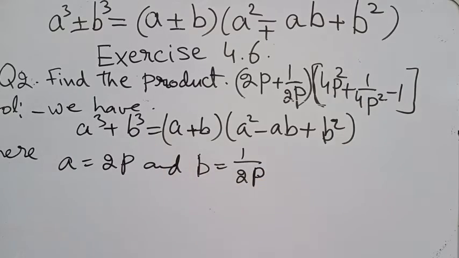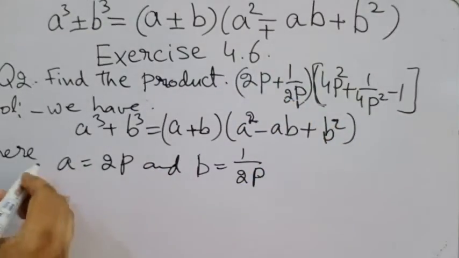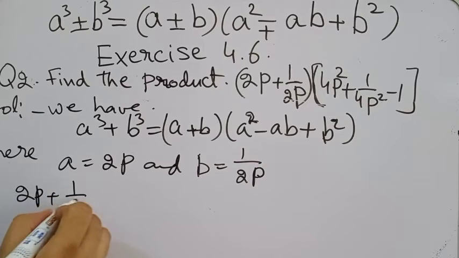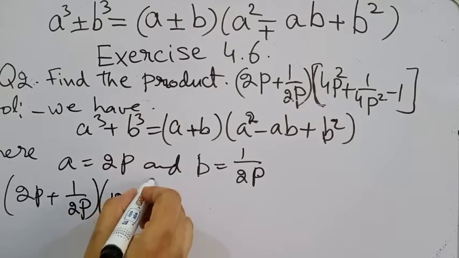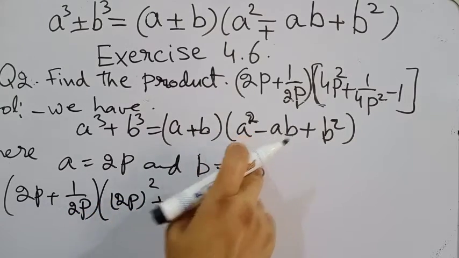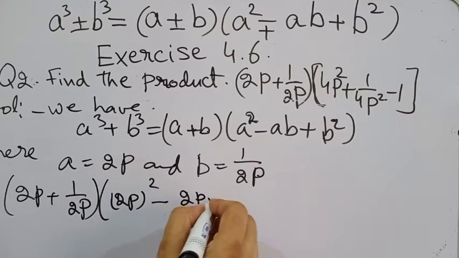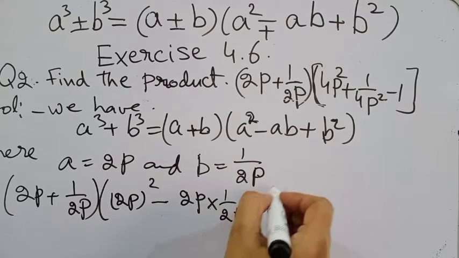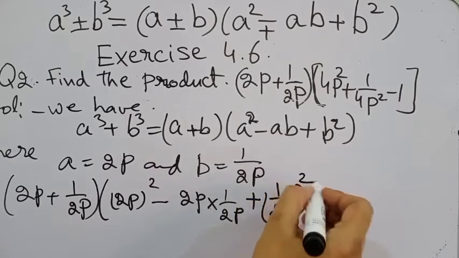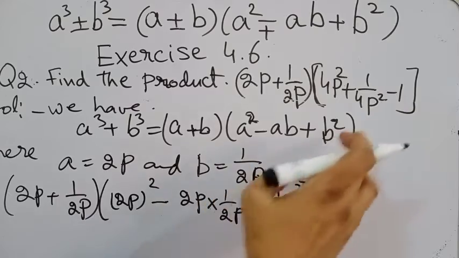By putting in this formula or rearranging our question, we have 2p plus 1 divided by 2p into 2p whole square minus 2p into 1 divided by 2p plus 1 divided by 2p whole square. We observe that these cancel and we have minus 1 according to our question.